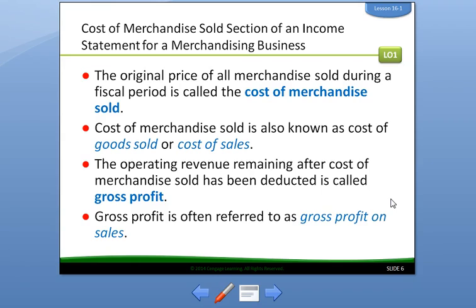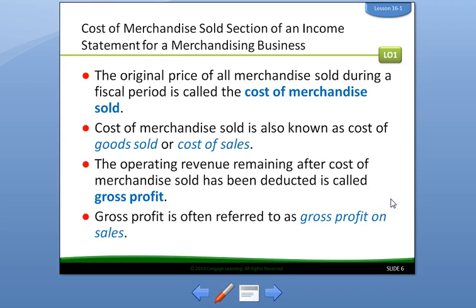Okay, so the cost of merchandise sold section of an income statement for a merchandising business. The original price of all merchandise sold during a fiscal period is called the cost of merchandise sold. The cost of merchandise sold is also known as cost of goods sold or cost of sales. The operating revenue remaining after the cost of merchandise sold has been deducted is called gross profit.